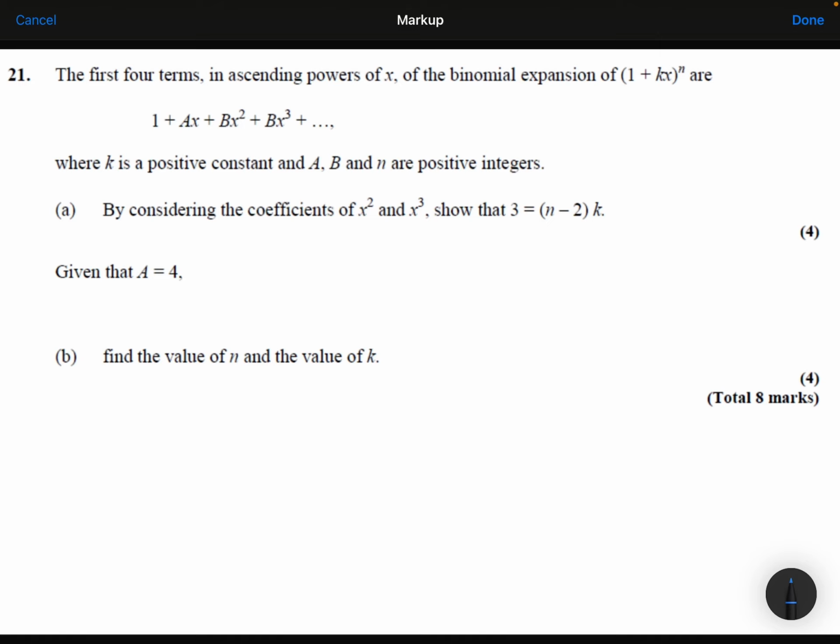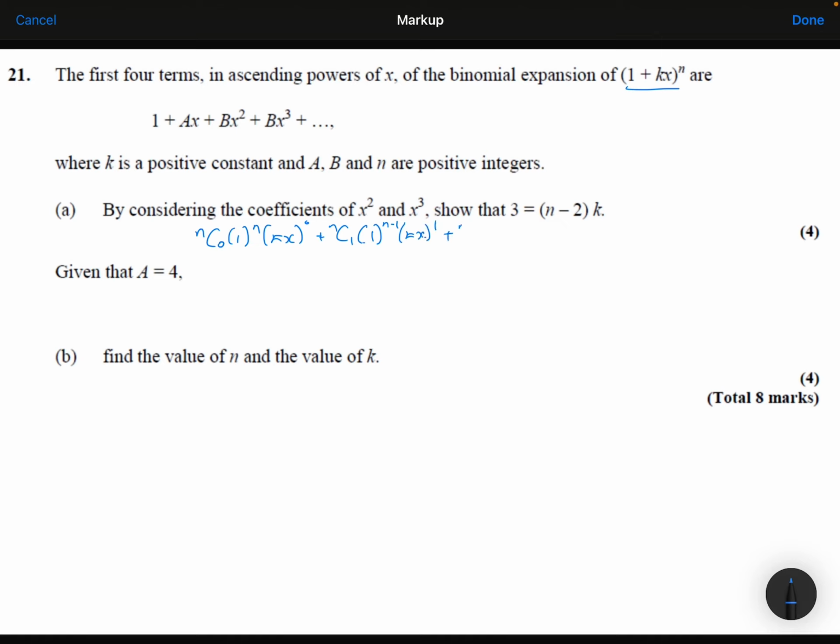So let's expand this (1 + kx)^n out. My first term would be nC0 times 1 to the power n times (kx)^0. My second term would be nC1 times 1 to the power n−1 times (kx)^1.